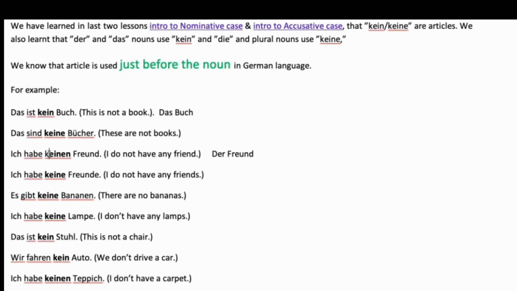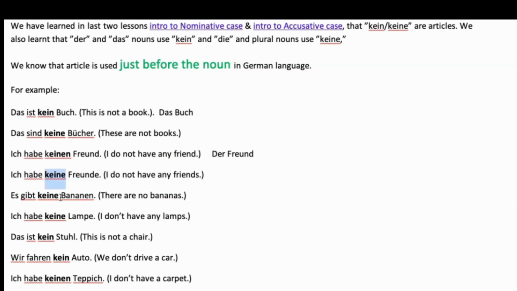The definite article der changes into den, and ein changes into einen, indefinite article, we write en. And the same with kein, we write keinen. This is the base form, and I just add one en. You get this point? Ich habe keine Freunde. I don't have friends. So this is a plural noun.